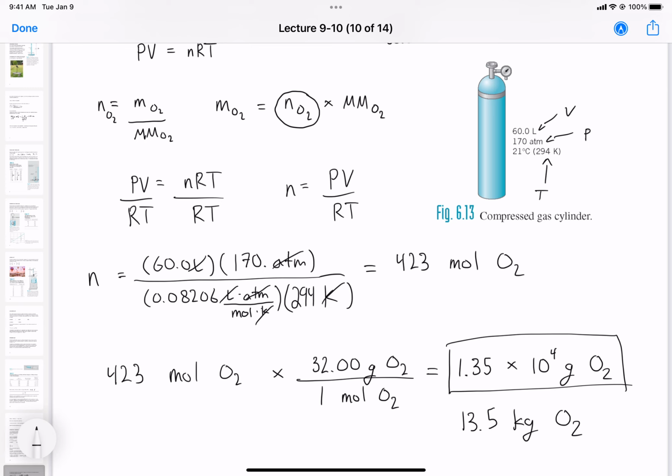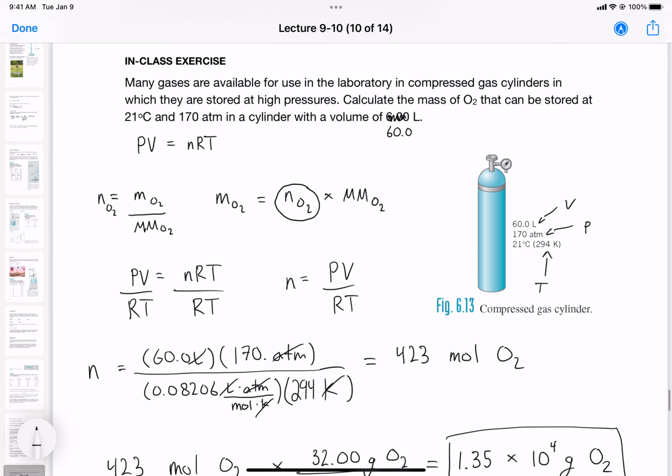Okay, so let's try another example. The key to doing these problems is not just plugging in the numbers, but thinking about what all these values mean.